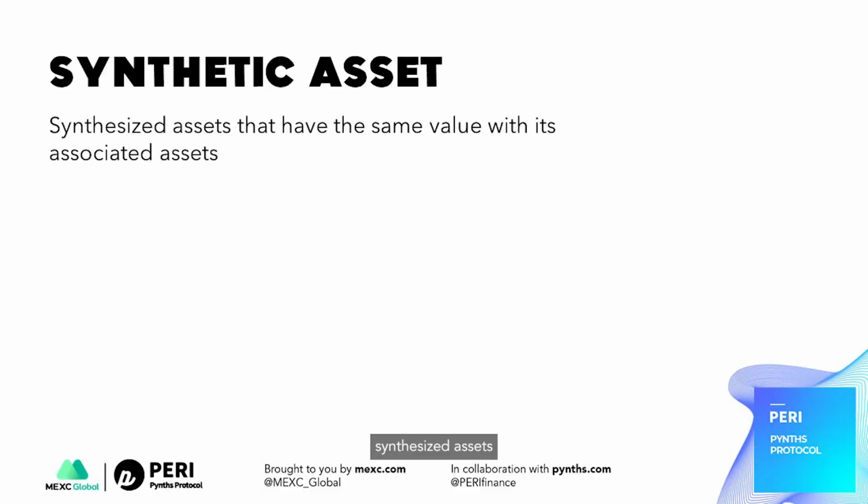Okay, so today's topic will be synthetic assets. It could be a little bit complex when you hear the word synthetic assets, so I will explain it as easily as possible. A synthetic asset means a synthesized asset which has the same value as another asset.